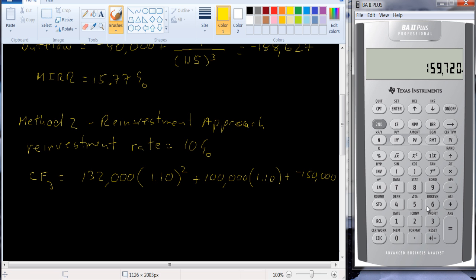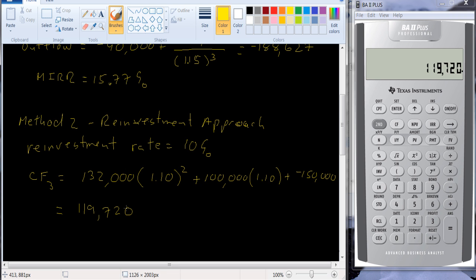So let's add 110,000 to that. And then we subtract out the 150,000. So we get that this cash flow is $119,720. So we've taken, so we only have 2 cash flows now.